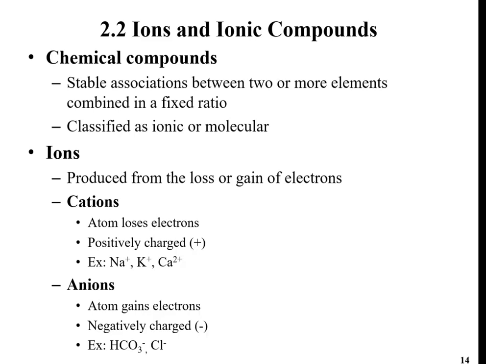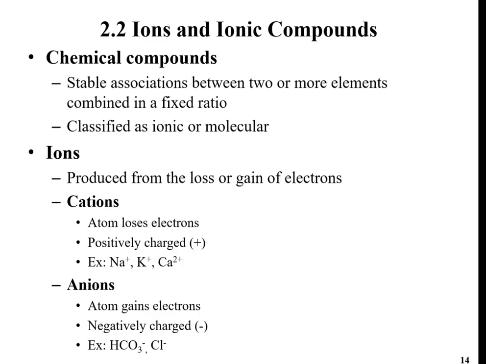Okay, so chemical compounds. These are stable associations between 2 or more elements that are combined in a fixed ratio. You can classify it as either ionic or molecular. Ions are produced from the loss or gain of electrons. So we have 2 types of ions.